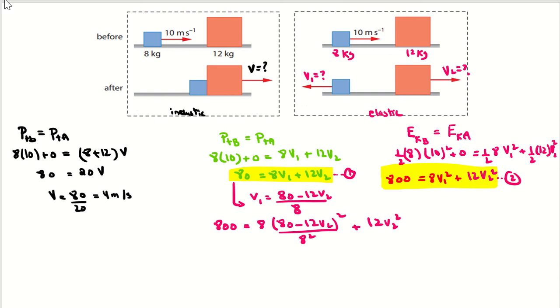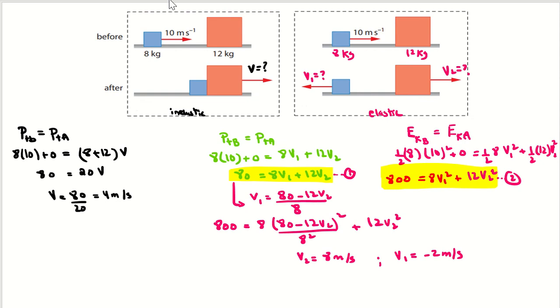By doing all of the math using the calculator, you can find that v2 will be equal to 8 meters per second. And of course, you need to substitute this v2 into the v1. So you will end up having that v1 is equal to minus 2 meters per second.